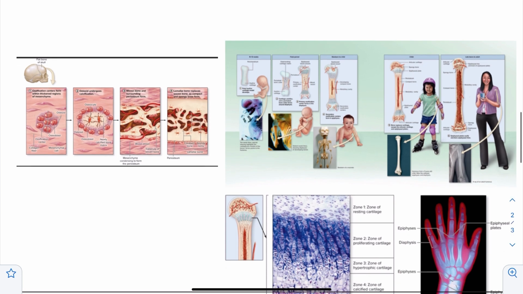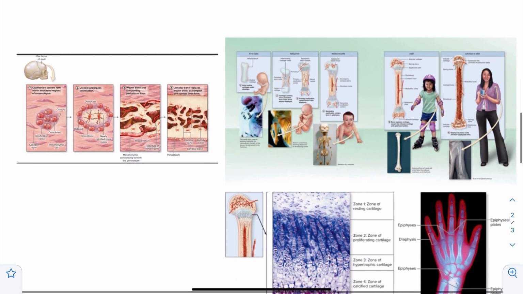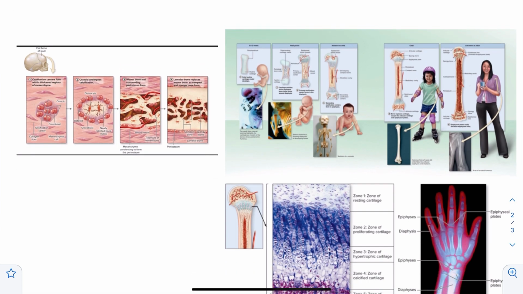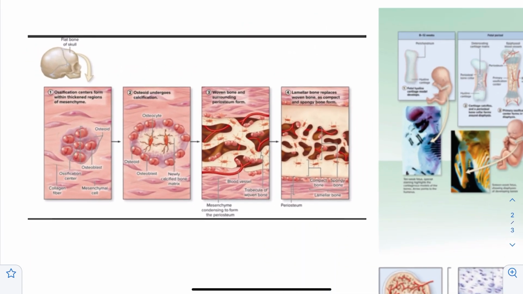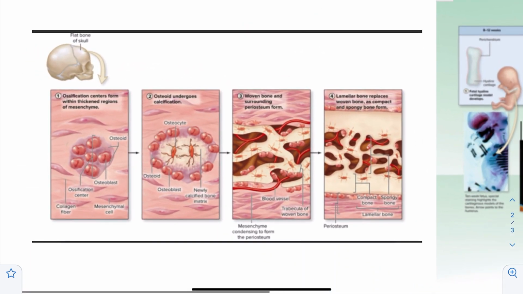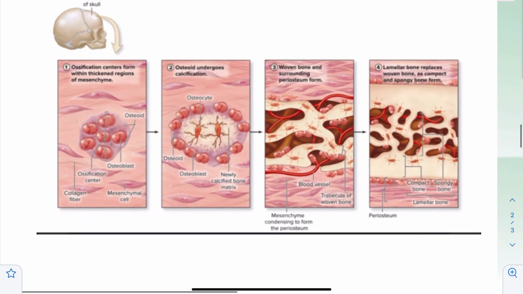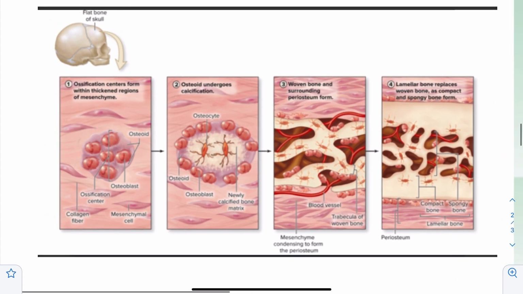We can also discuss how bone grows, because when you have an embryo, bone is not going to be there initially. It's going to have to come from stem cells. So it comes from what's called mesenchyme. And there's two ways how bone grows. I'm going to first talk about how flat bones grow. So flat bones are anything that kind of looks like a flat bone.